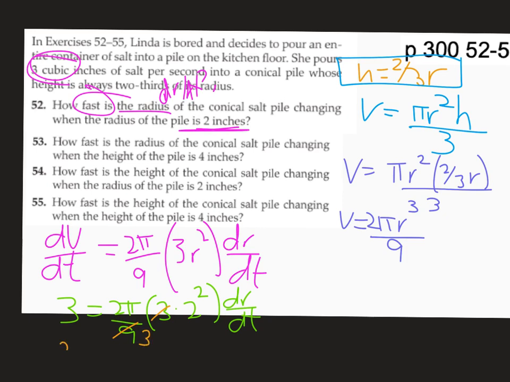That's going to move over there and be a 9. And then I'm going to have 8 pi. So 9 over 8 pi is my dr dt. That's an r. So related rates, you're taking the derivative with respect to time, and we're rolling from there.